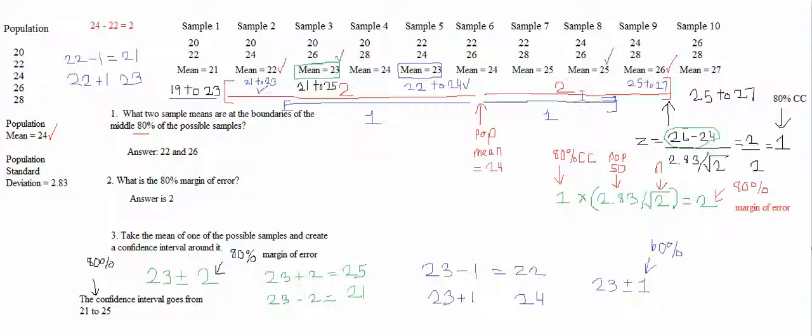Now, what if I wanted to use this same formula to not get the 2 margin of error, but to get the 1 margin of error, which went along with the middle 60%? Well, we would do the same thing. We would still get the z-score of the upper boundary, but this time the upper boundary is here because we're dealing with the 60%. And the boundary is sample 8, which has a mean of 25.